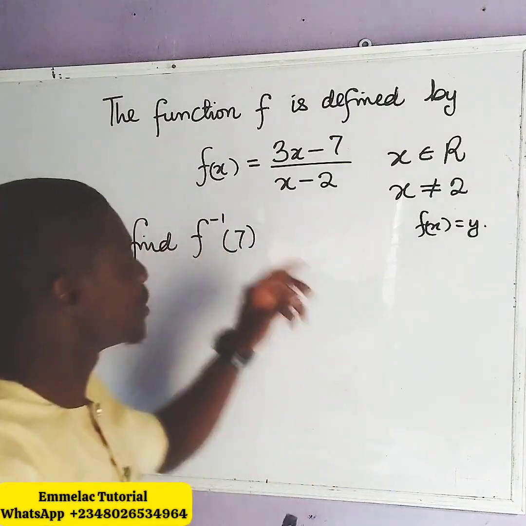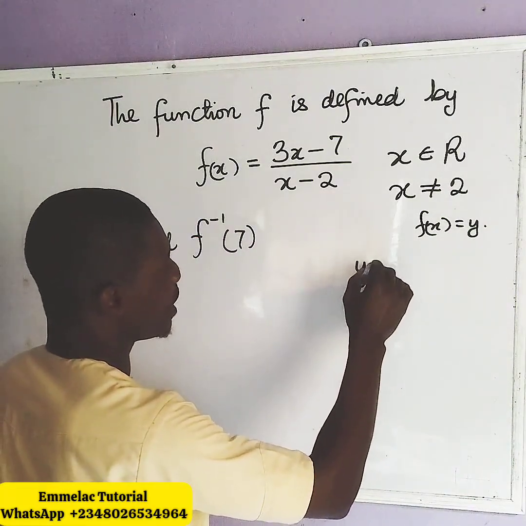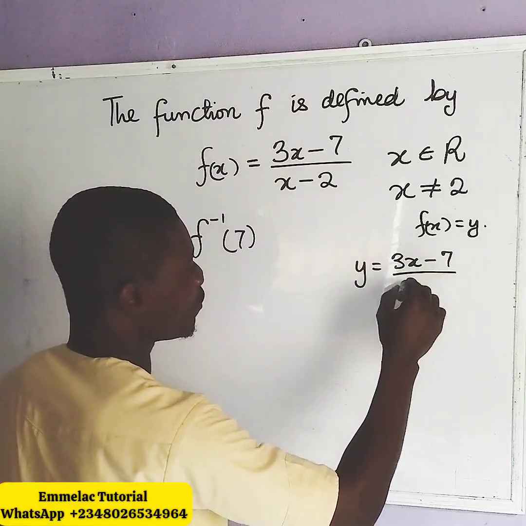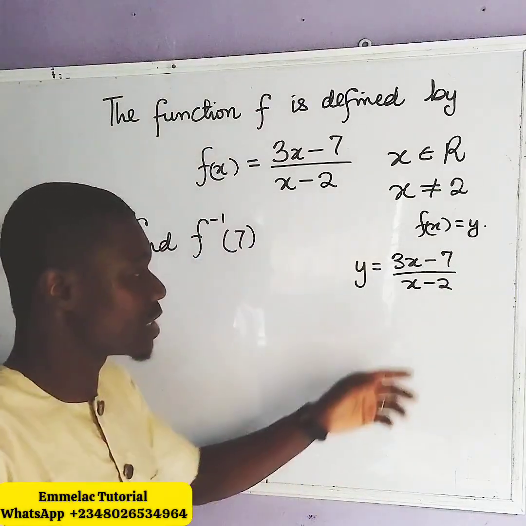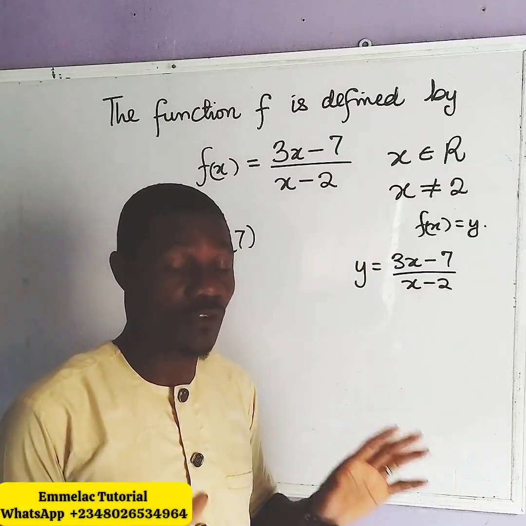So here we have that y equals 3x minus 7 all over x minus 2. The next thing we need to do is to make x the subject of the relation.